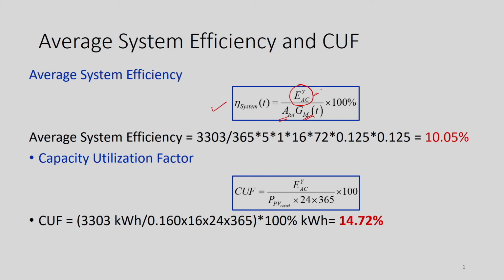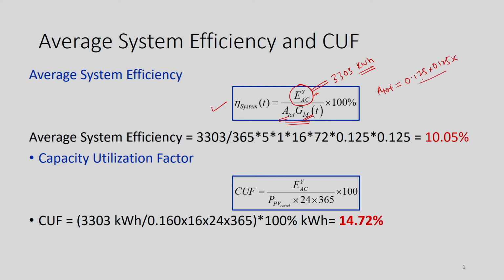Okay. So, here this is calculated to be 3303 kilowatt hour, and this has to be in kilowatt hour, right. So, how to calculate A total? First, we consider 0.125 by 0.125 as the cell area, okay.